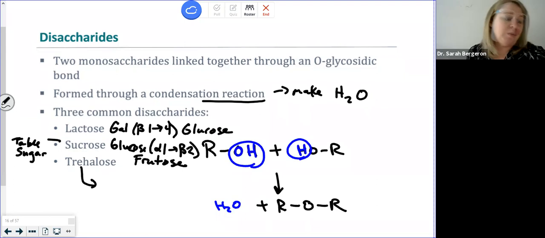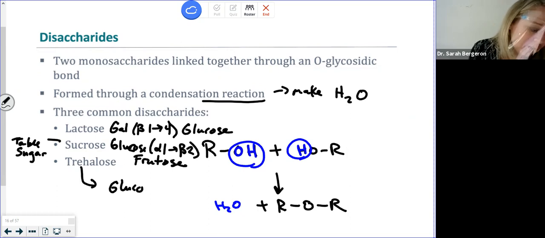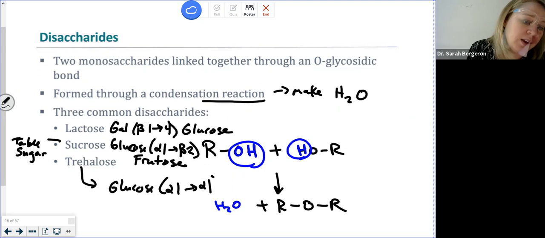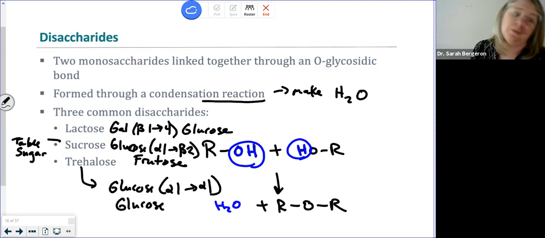And then our last one is found only in insects, trehalose, and this is glucose in an alpha 1 glycosidic bond with another molecule of glucose. Do you see in those names, some of them only have one designation of alpha or beta and some have two?